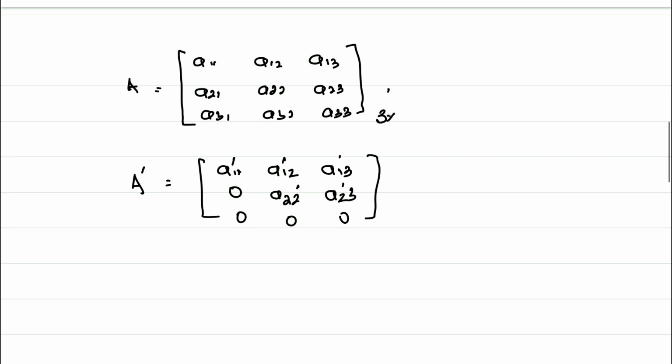This is the original 3 by 3 matrix. A dash is also a 3 by 3 matrix, but it has one row with all elements 0.